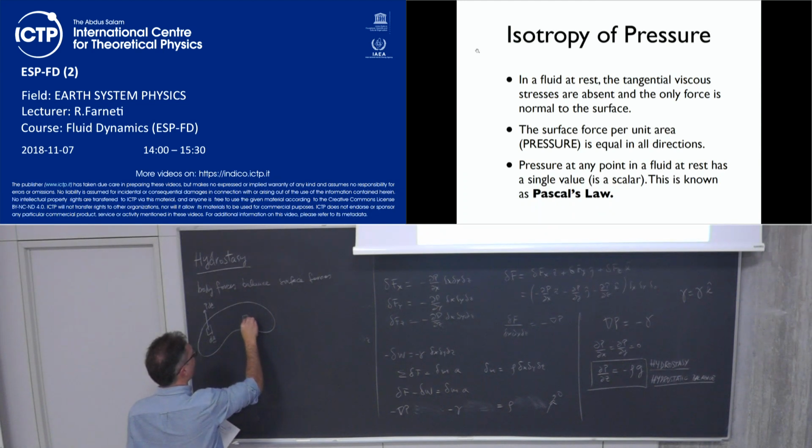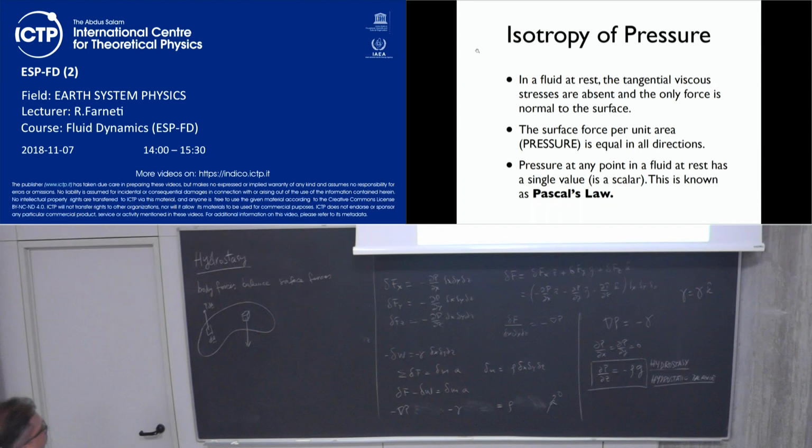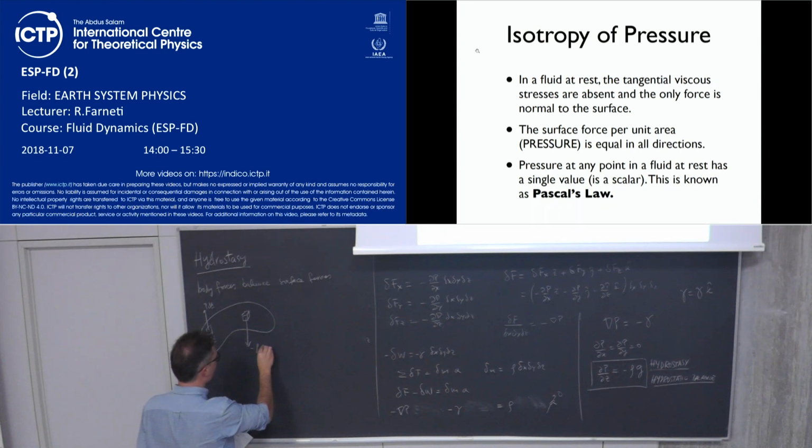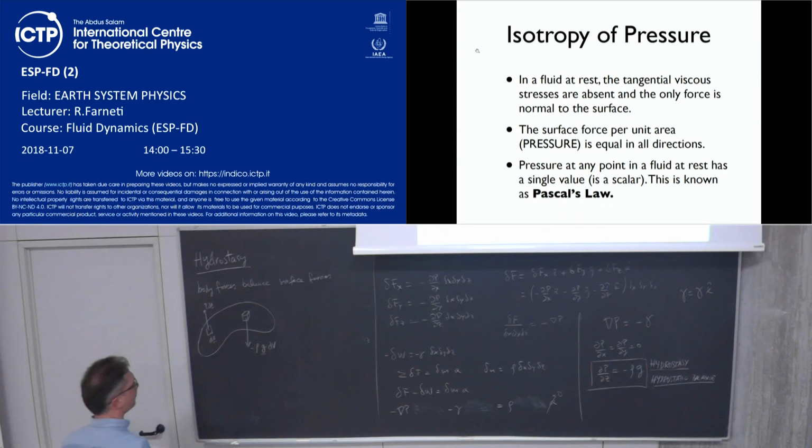Okay. And there's a weight acting on this element of fluid, so now that's my volume, which is rho g dV. So this will be my body force, and this will be my surface force, my pressure.